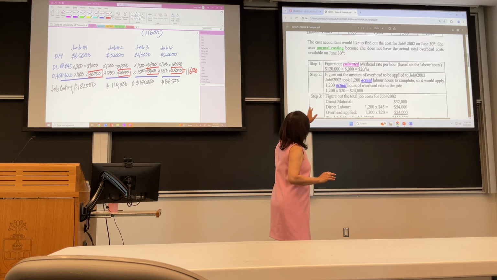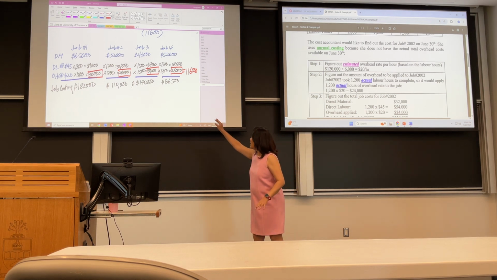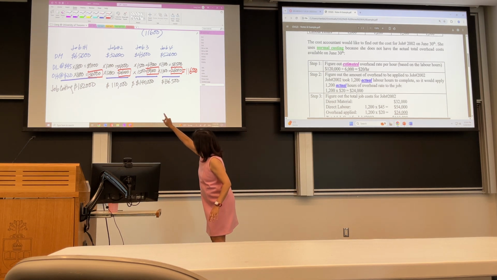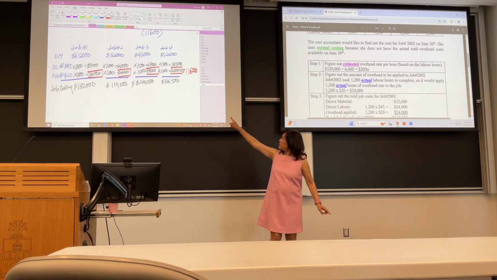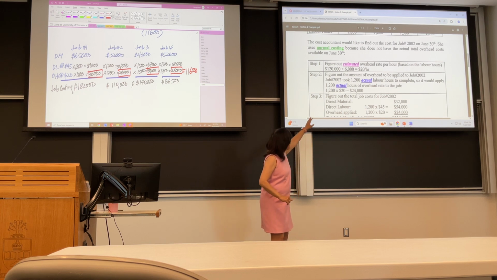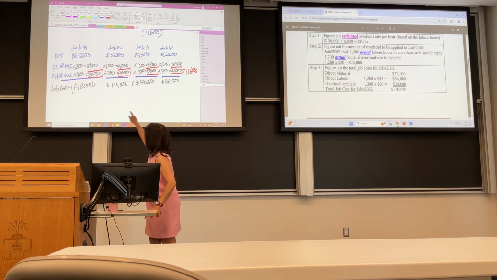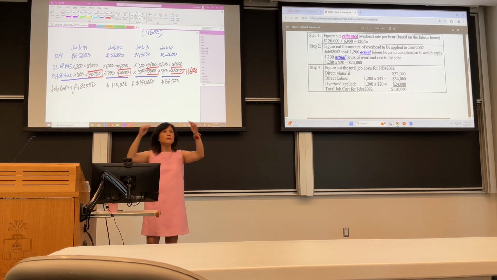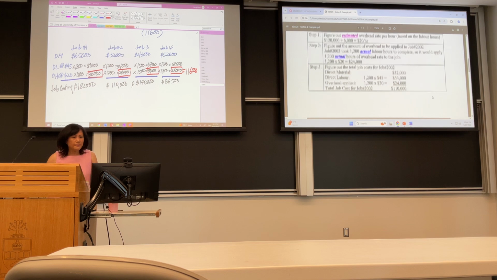For job number 2, you want to figure out the applied overhead, applied based on labor at $20. So 24,000 goes to overhead. You add the 3 things together, 110,000. For every single job, you add all of them together. Okay, continue.